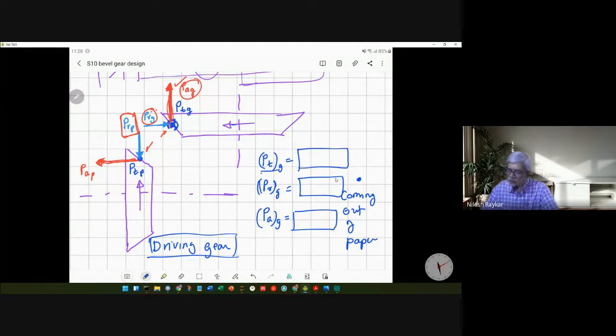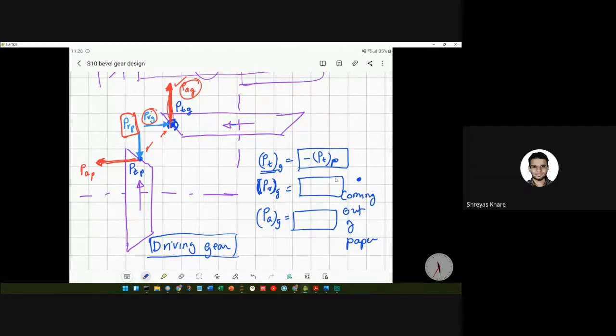So P tangential on the gear will be equal to P tangential on the pinion. They will be equal but in opposite direction. That is the only thing. Now tell me what will be the value of the radial force on the gear in terms of the forces acting on the pinion.